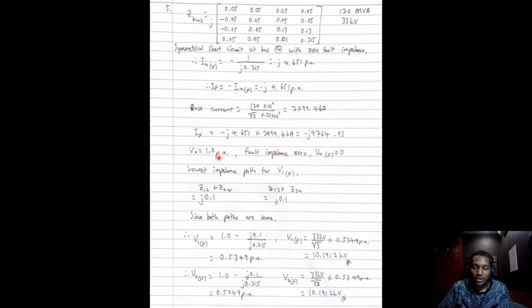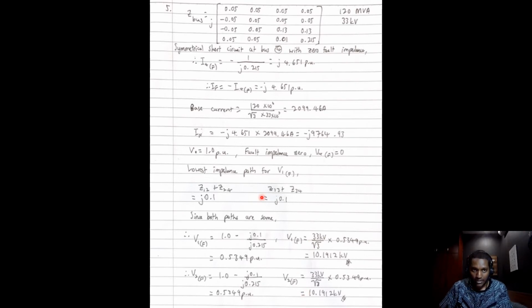So the per unit value is 1 for voltage, and using that we can find the bus voltages during the fault between bus 1 and 4 and bus 2 and 4. So calculating this, we will get these answers. In this case the impedances are the same, so the voltages at the buses are also the same.